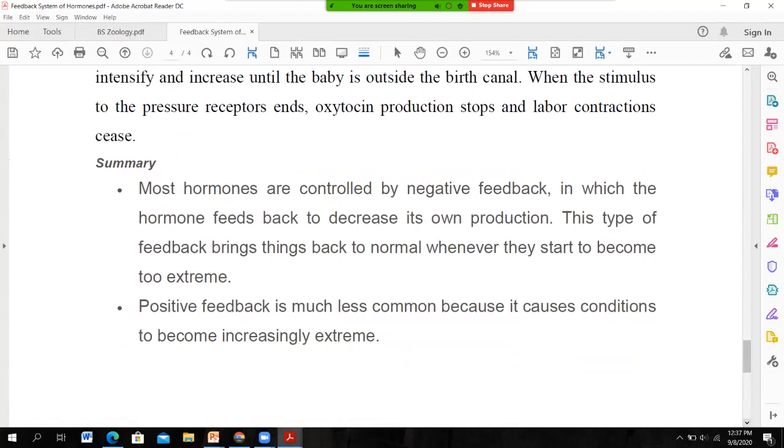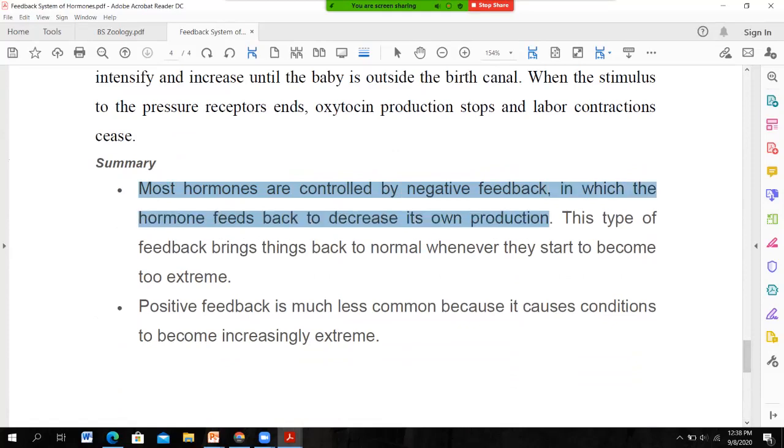So remember that most hormones are controlled by negative feedback, in which the hormone feeds back to decrease its own production. This type of feedback brings things back to normal when they start becoming too extreme.